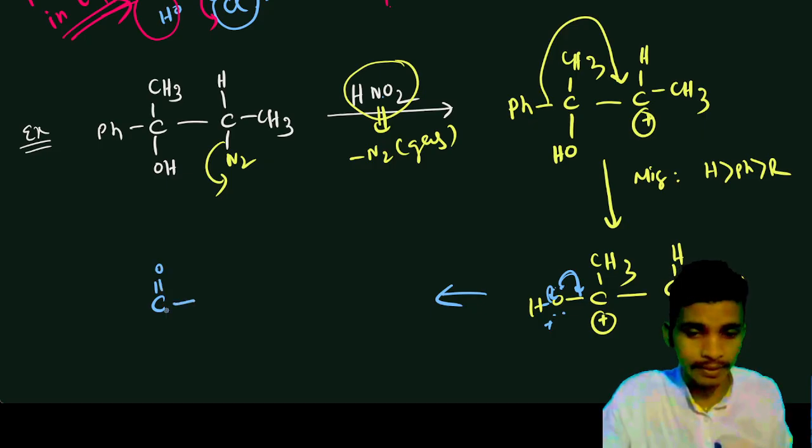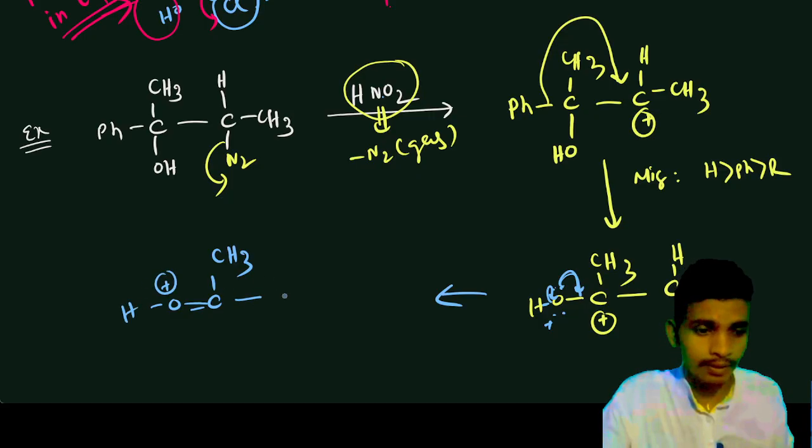I'm making directly C=O. So this becomes like this, and this O and here H, and this is going to be a positive charge, and this is going to be that CH and this is going to be CH3 and this is going to be that Ph.